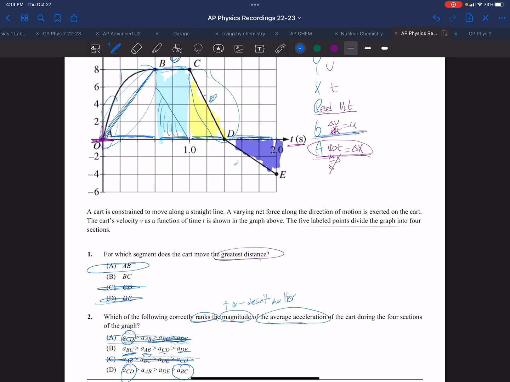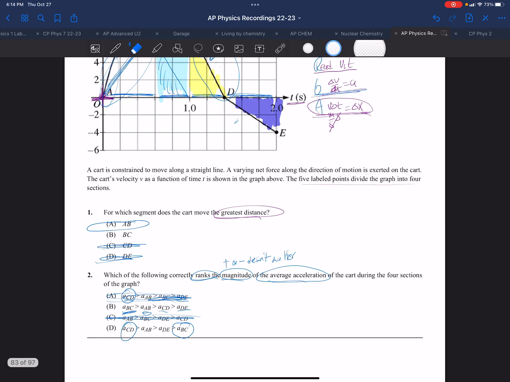Let me just start this over again in my elimination. We're looking for BC being the least, but it's also not going to be the most, since it's the least. And it's less than all the others. And the only place it can be is at the end.